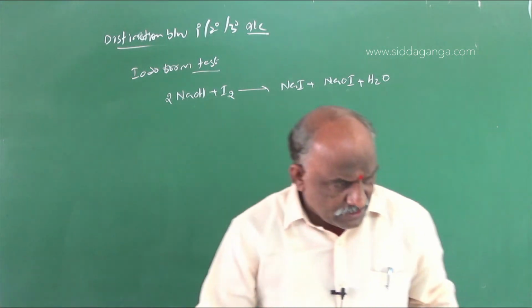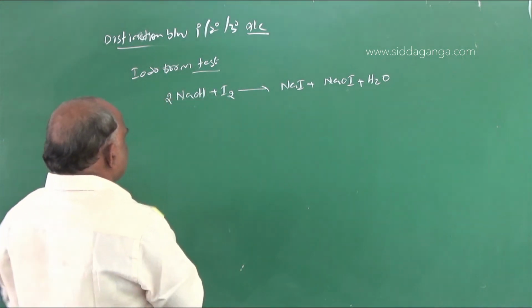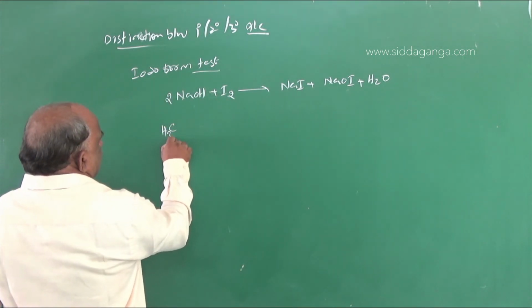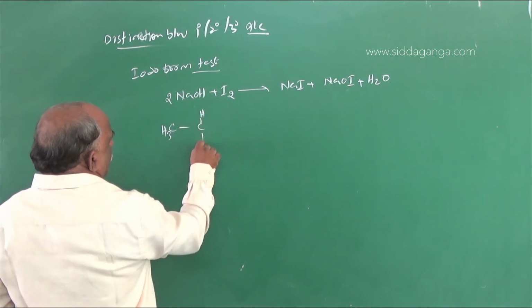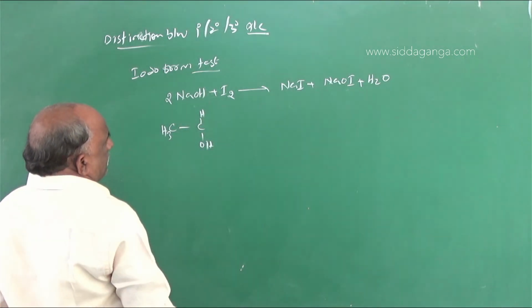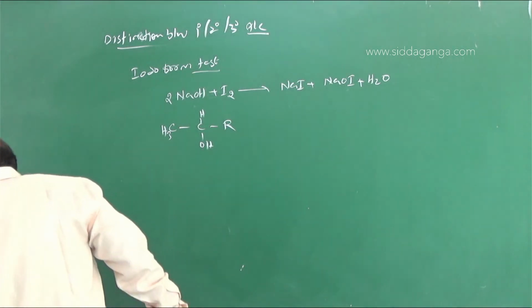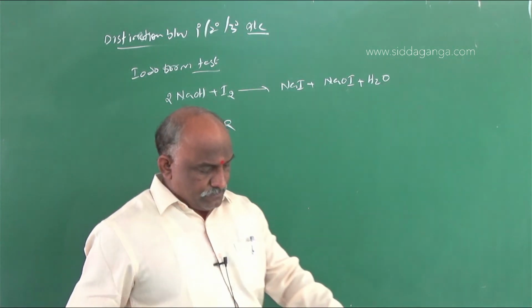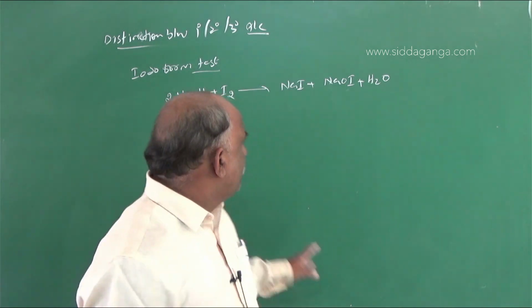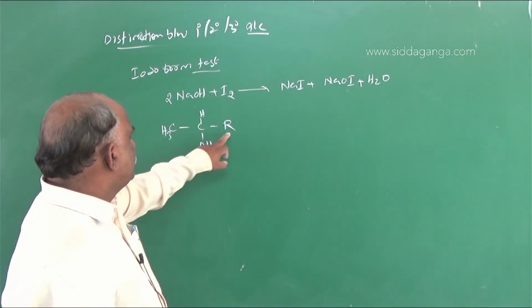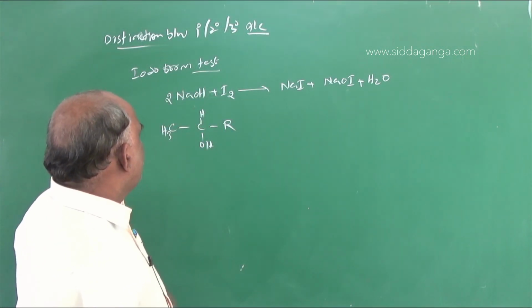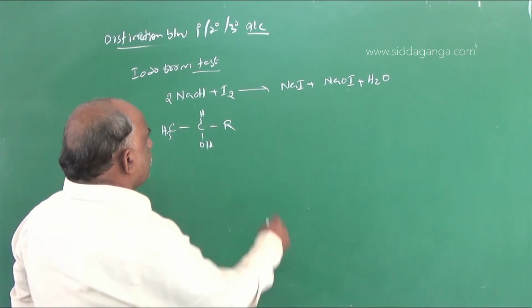So after that, what should we take? We should take CH3 single bond CHOH R. This is an example of secondary alcohol.